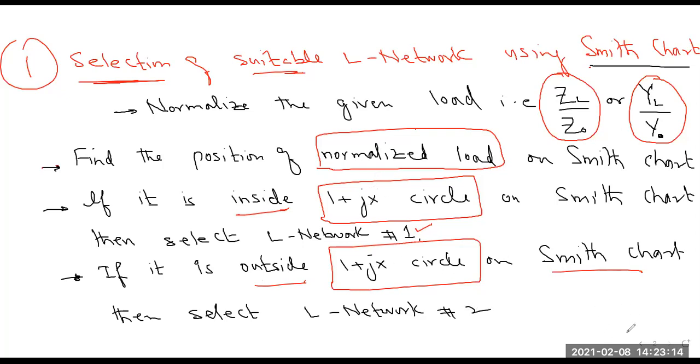So let me draw it, and then I will go to the actual Smith chart. You already know that Smith chart consists of resistive circles and reactive circles. And this is the horizontal line that is dividing the Smith chart into two halves, upper hemisphere and lower hemisphere. 1 plus jx circle is the circle which is passing through the horizontal scale with a reading of 1.